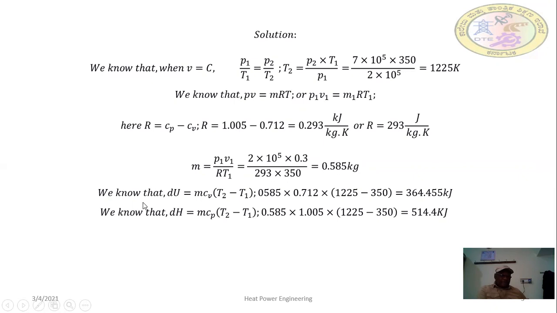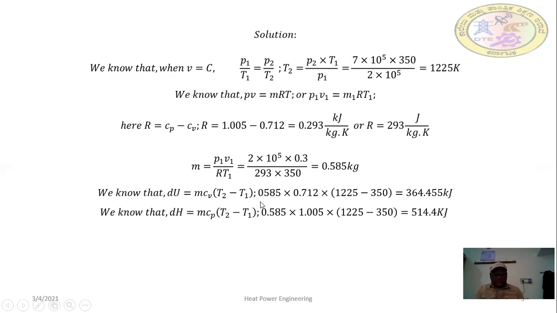Now, it has been asked to calculate the change in internal energy. While I was explaining the constant volume process, the amount of heat supplied is equal to the change in internal energy. Here dU is the change in internal energy, that is m, the mass of the gas, Cv, the specific heat at constant volume, and T2 minus T1, the increase in temperature.